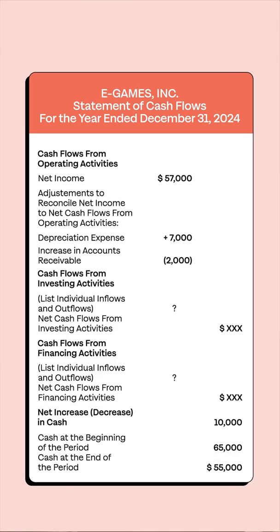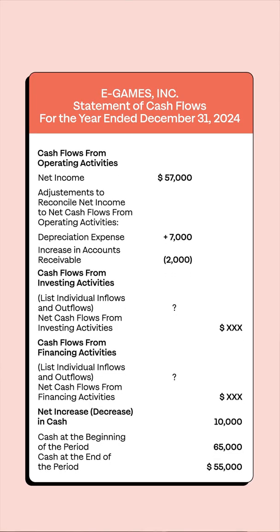We must also consider Great Tools' balance sheet to determine the net cash flow of its operating activities. Say, for example, that Great Tools reports an increase in accounts receivable of $2,000, from $15,000 to $17,000, during the year. This $2,000 is included in the sales revenue, which is part of the net income, and must be subtracted from the net income because this cash from customers has yet to be received.